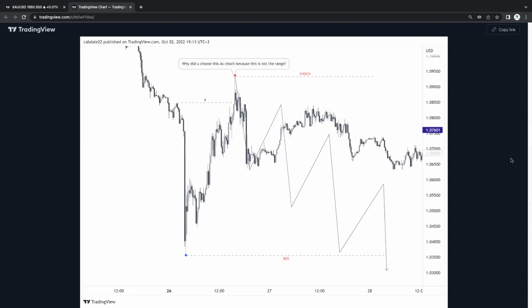Actually this high, this is marked as our minor structure, like a pullback structure, because this high broke this low and this high was broken. Yes, this is an inducement, this is not a change of character.